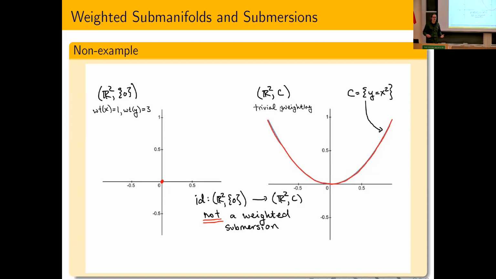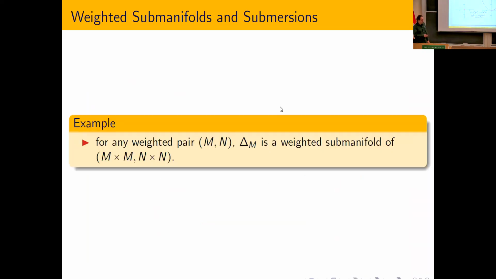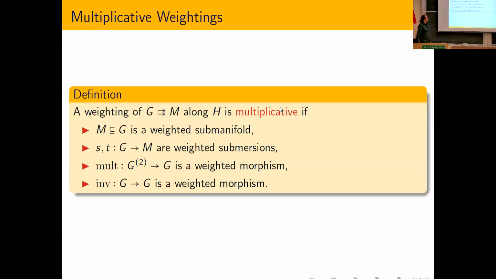So there's something happening. And finally, just for the purposes of a problem that I mentioned, if I started with a weighted pair, I can take its product, and the diagonal inside the product is always a weighted submanifold. Okay, so now we can go back to the slide before, where I wrote all these things down and said this is the definition, but the problem was that I had a definition that I haven't defined.